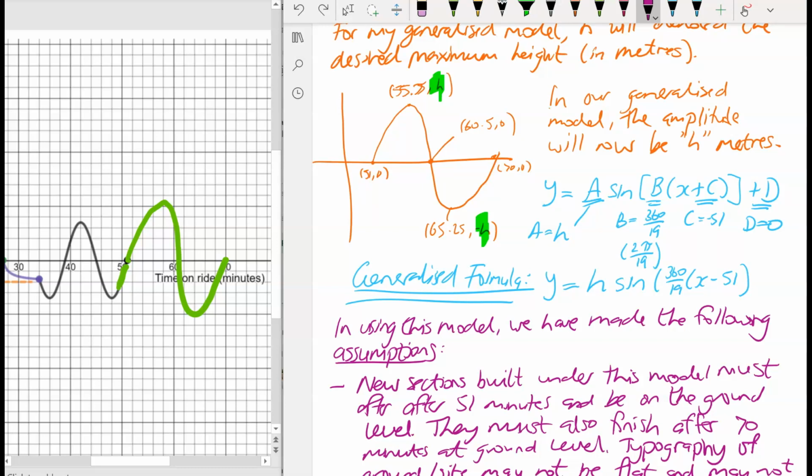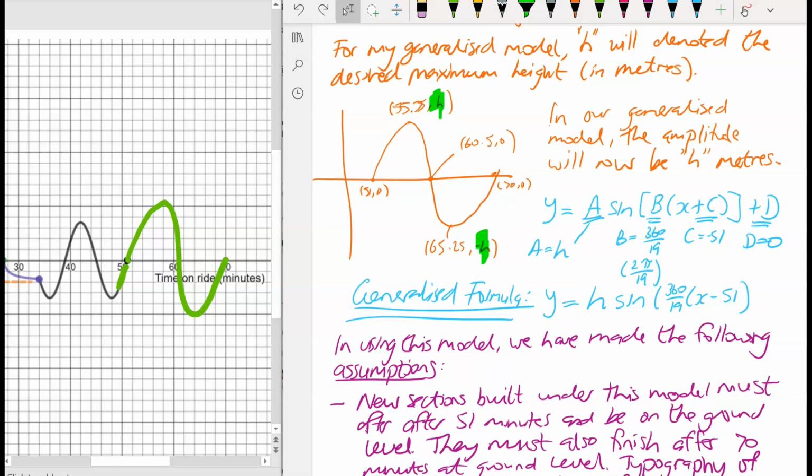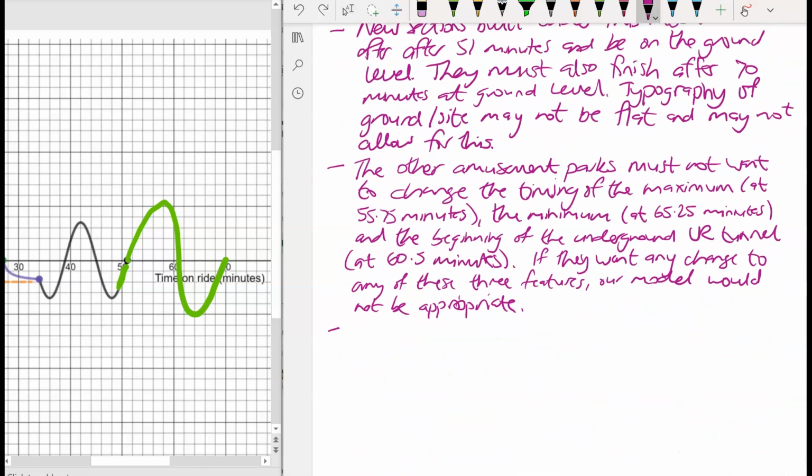If the previous section of other roller coasters was maybe going downwards or maybe flat, the design of the model just wouldn't fit and wouldn't suit. So we're assuming that our model will physically be able to join up with the previous section of other roller coaster rides.